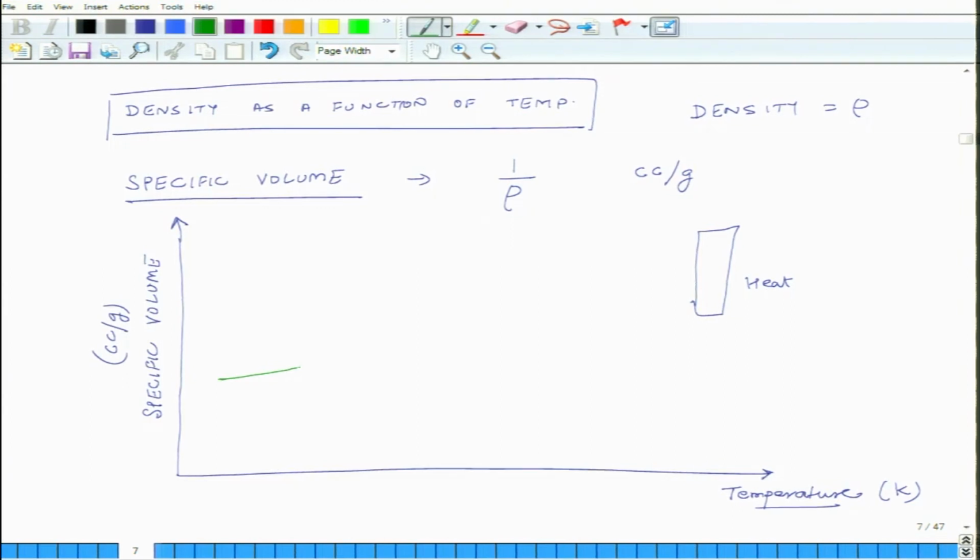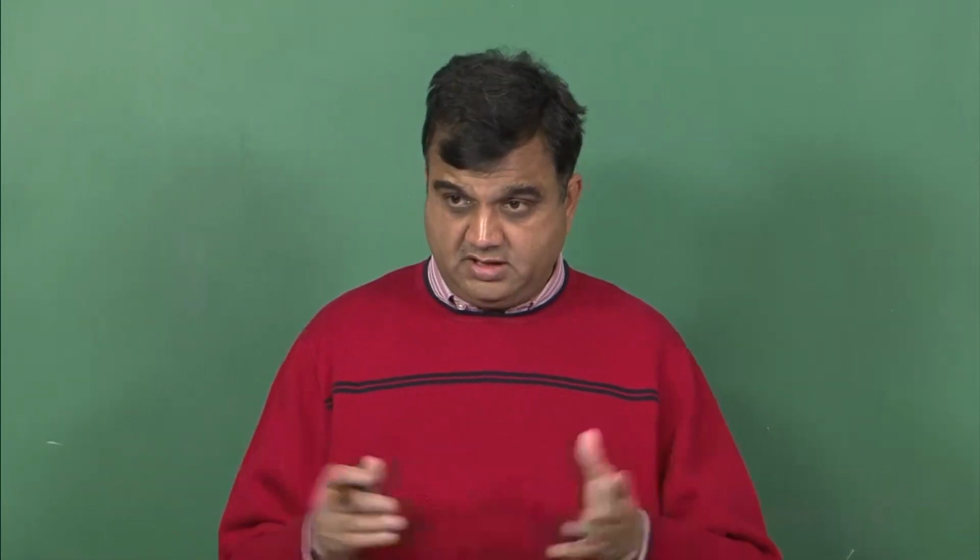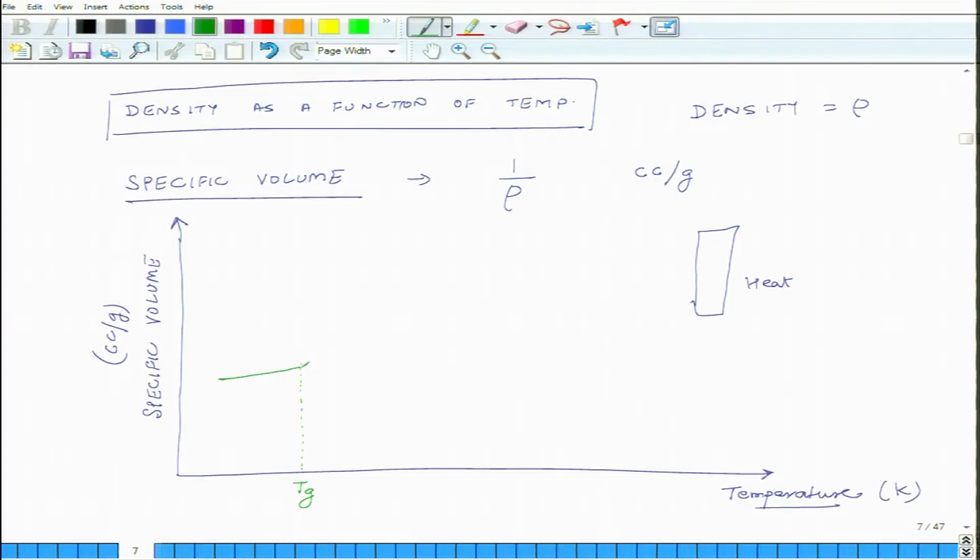Okay. And then if I cross its glass transition temperature Tg, then all the bonds between the different chains break. In amorphous polymers, the bonds break, and as a consequence it expands, and this slope increases all of a sudden.